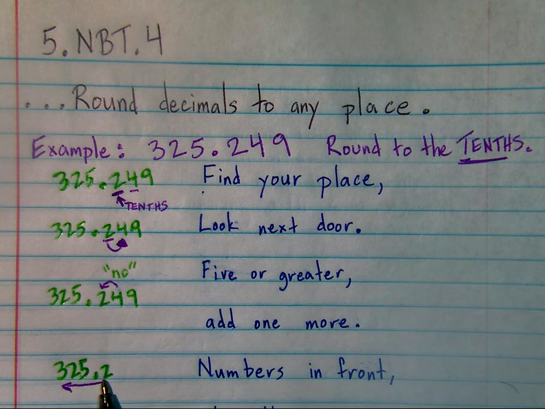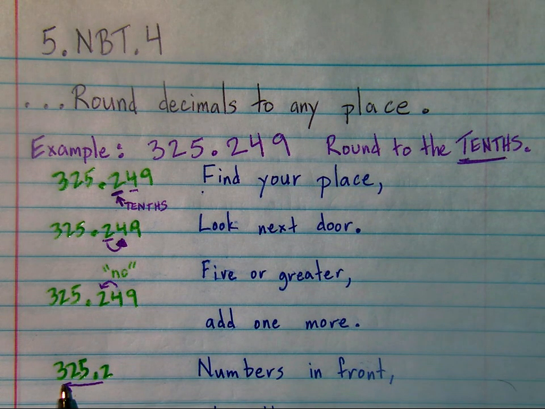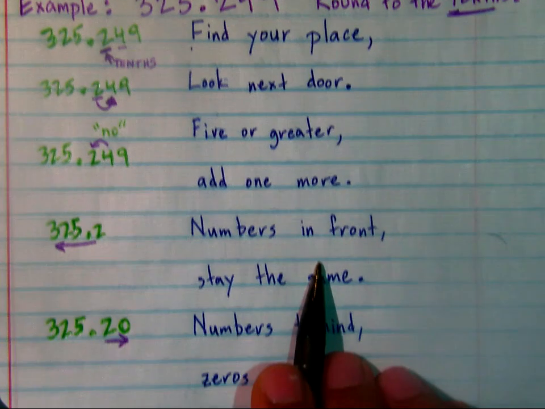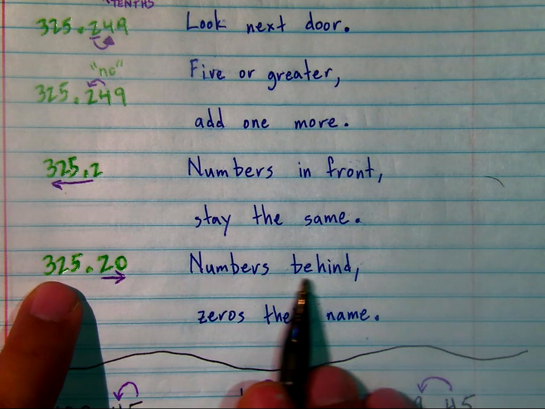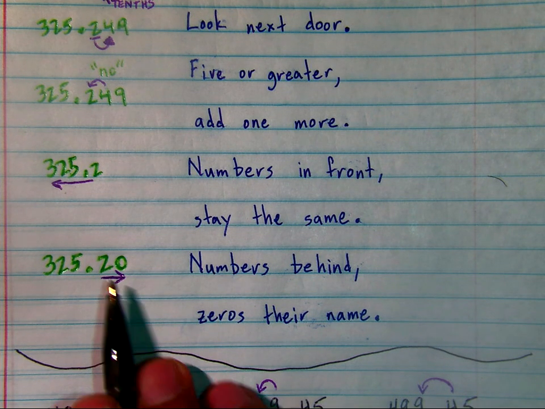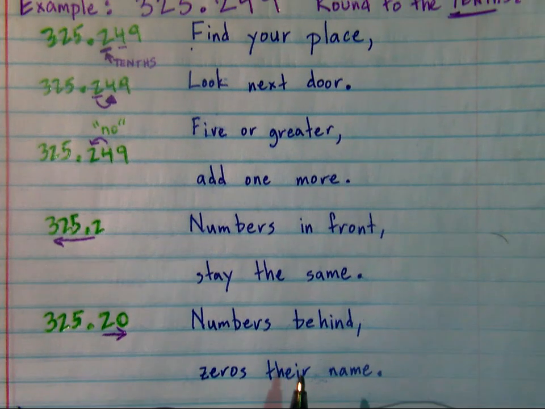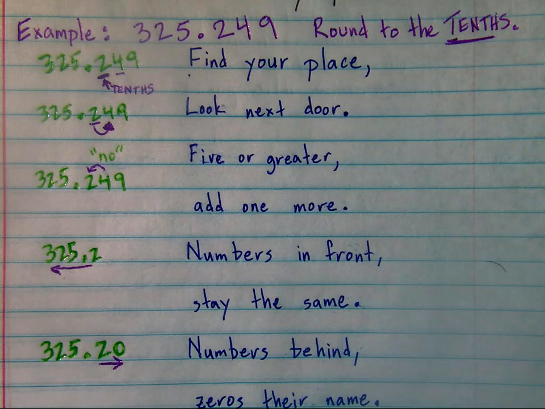The numbers in front, the numbers greater, they stay the same. And the numbers behind, the numbers smaller than this place, zeros their name. And that is as simple as it can get.